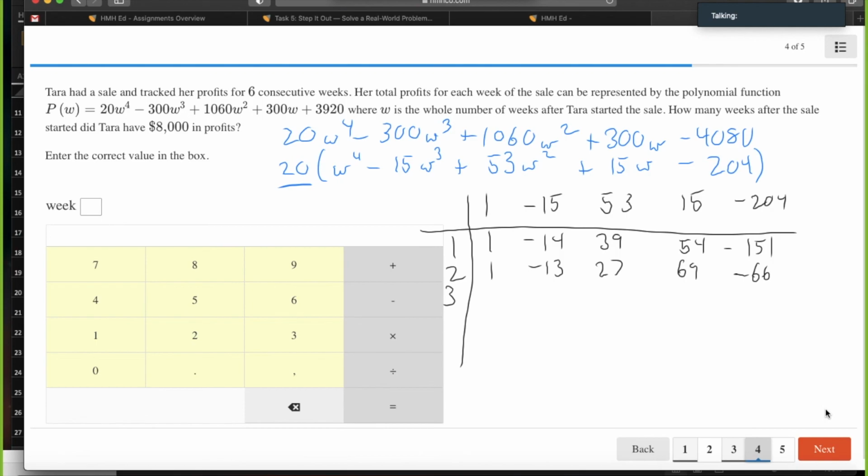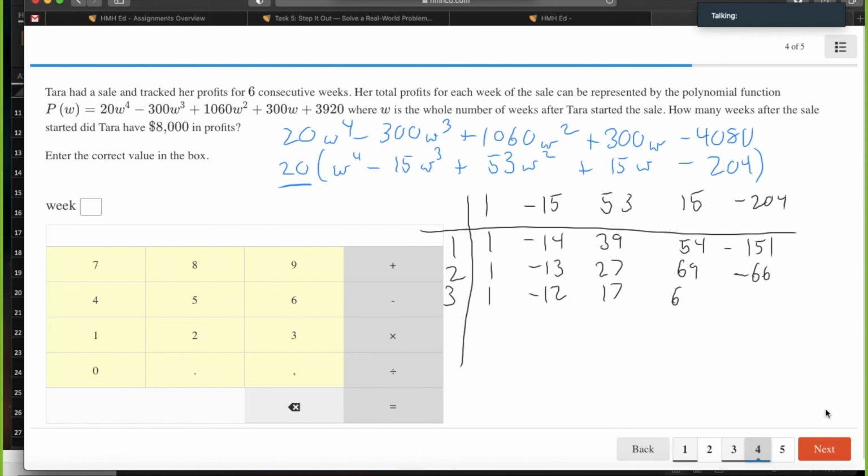So 3, and we got 1, negative 12, negative 12 times 3, negative 36, plus 53 is 17. 17 times 3 is 51, plus 15.